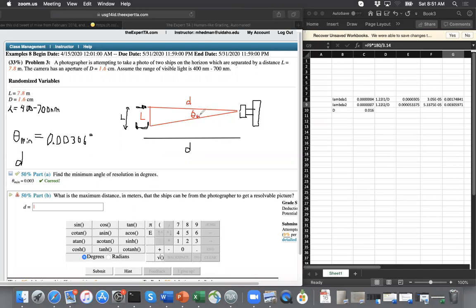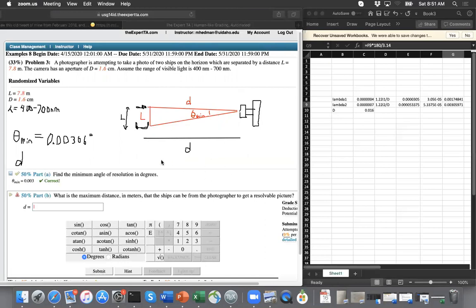Because we're asked, at what distance does this whole thing work? So this angle is theta min. So this is a geometry problem now, not necessarily a physics problem, but to turn this angle into something useful, we need to use geometry. So we now need to figure out what's the geometric relationship between these two quantities.